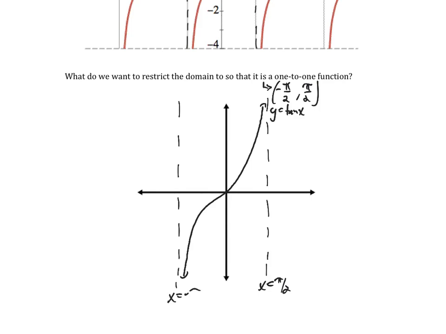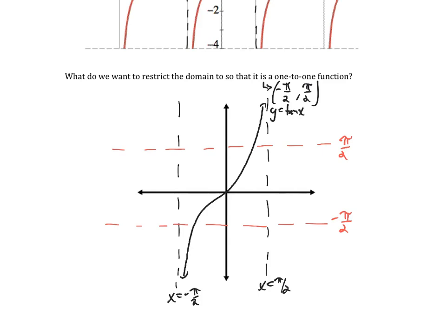So what would the graph of inverse tangent look like? Those vertical asymptotes in the domain of tangent would be horizontal asymptotes in the range of inverse tangent. So I would have a horizontal asymptote at negative pi over 2, and I would also have a horizontal asymptote at pi over 2.